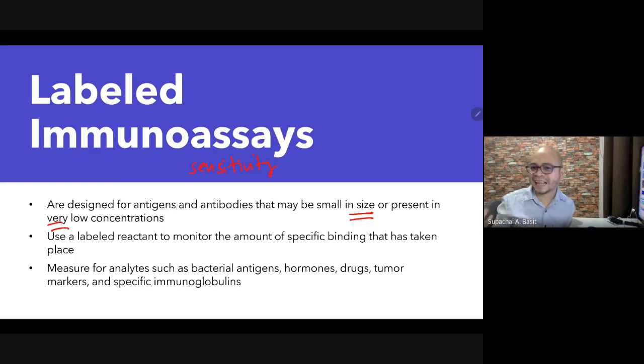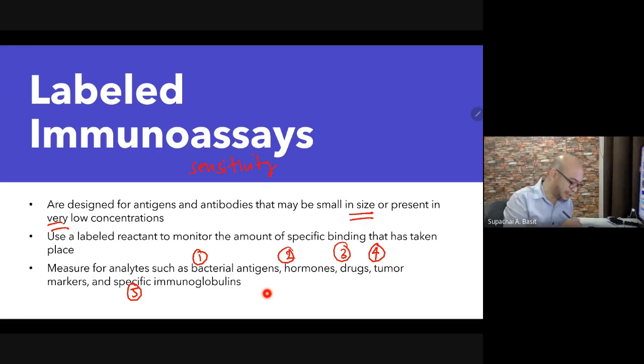So what are these analytes that are present in a very small size? This could be bacterial antigens, hormones, drugs, especially if you're using it for therapeutic drug monitoring, tumor markers, and specific immunoglobulins or antibodies. They can be measured using the labeled immunoassays.